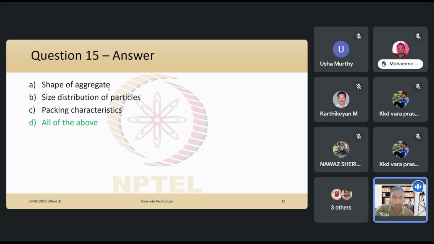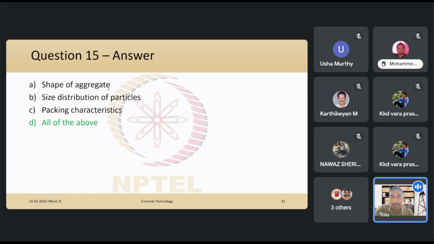The size distribution will also matter. When you have different sized particles, the voids created by the larger sized particles can be filled by smaller sized particles. Similarly, the voids created by those smaller sized particles can be filled by even smaller sized particles.